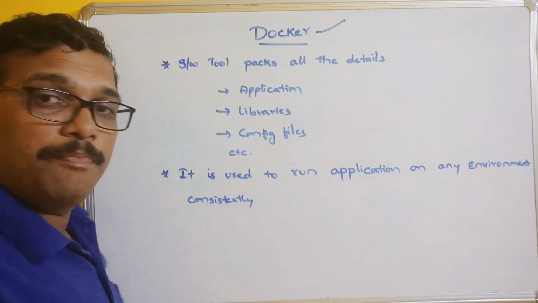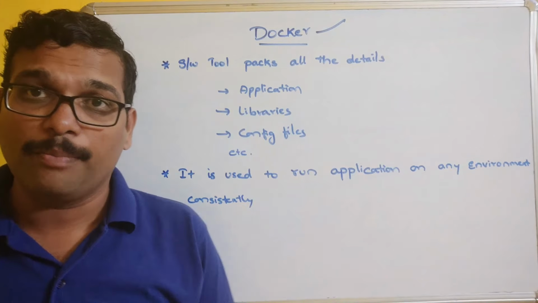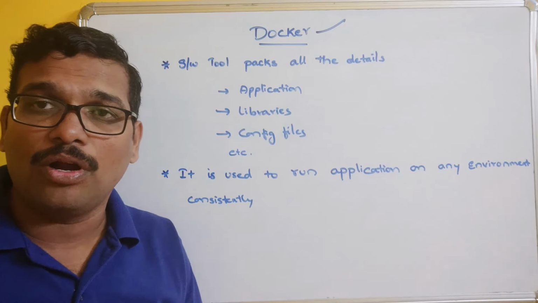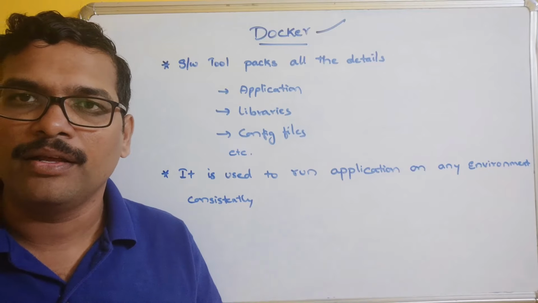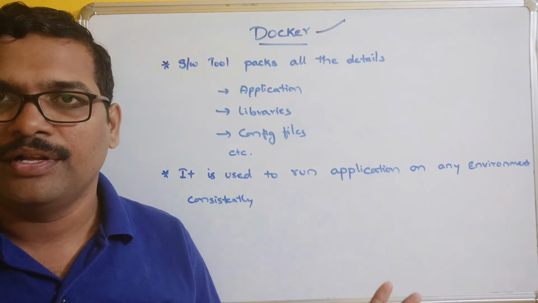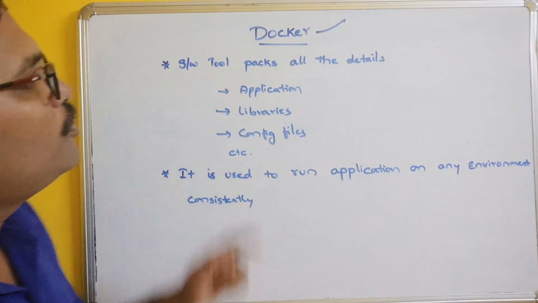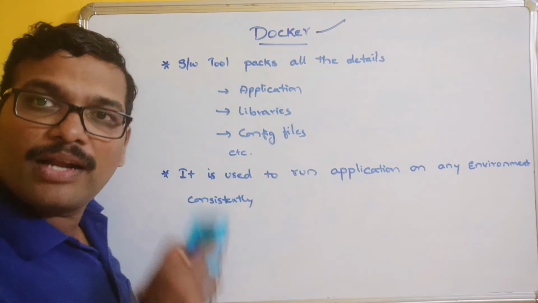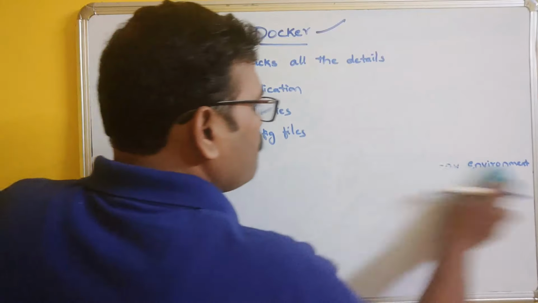Whatever project the developer has done should be installed in any environment without any deviation. For that smooth execution, we are going to use Docker. Now we'll see the components of Docker. What are the components of Docker?